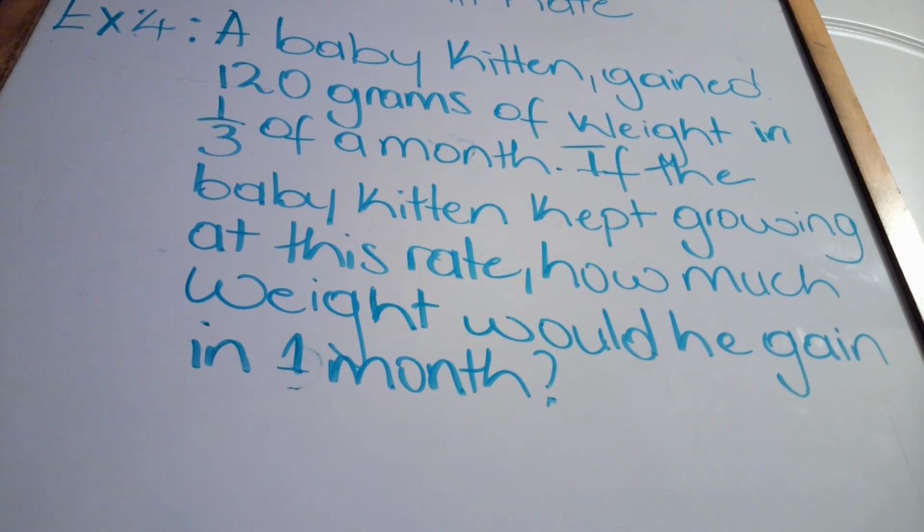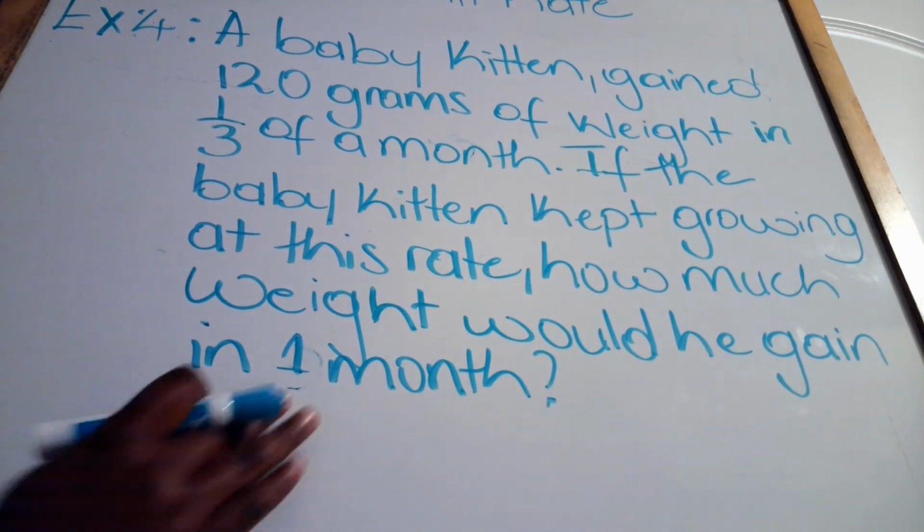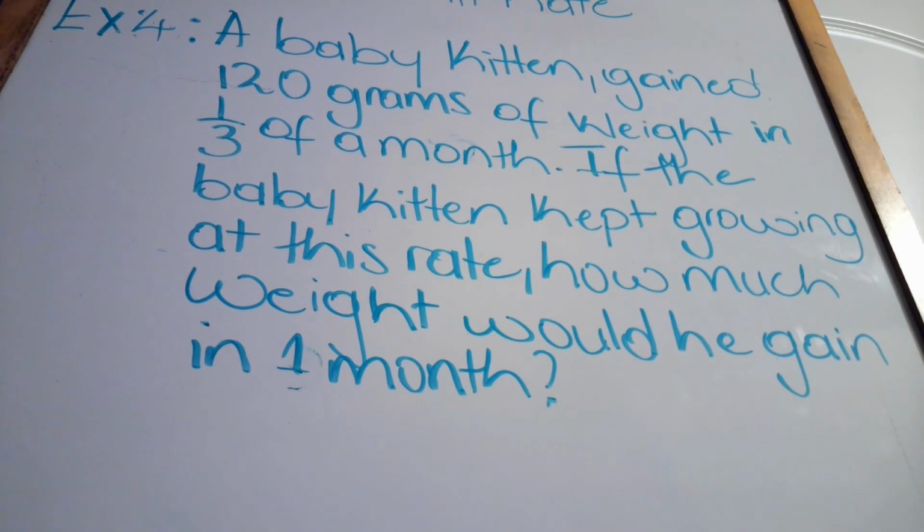First question, you want to ask yourself, what is it they want to find the unit rate of? So you want to find in 1 month, how much would the baby kitten gain? Since you want to find out per month, the month would go in the denominator.